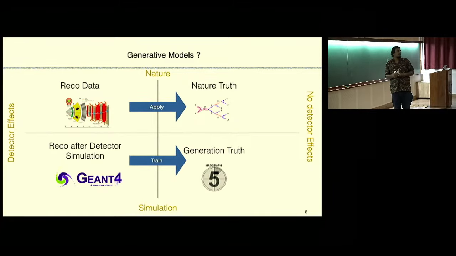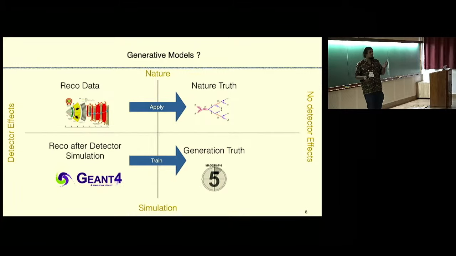That's an idea. There are problems with doing this naively, of biases. Basically, any biases in your simulation will translate into your unfolding, and then this prediction will be biased. But we'll look into that after a few slides. Still, this is a promising idea.